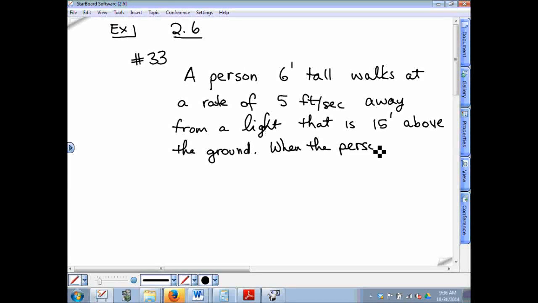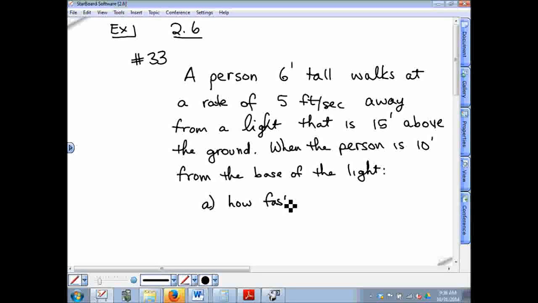When the person is 10 feet from the base of the light, how fast is the tip of his shadow moving?